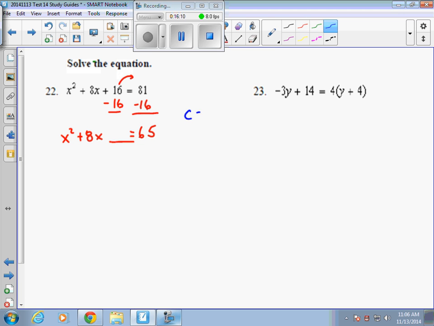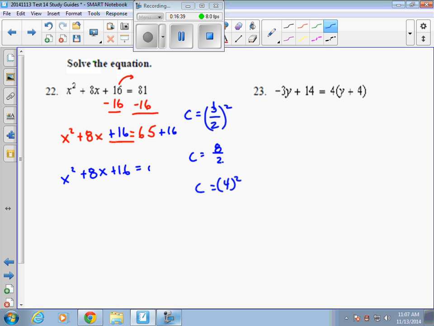In order to find c, you take b divided by 2 and square it. b's value is 8, so c equals 8 divided by 2, which is 4 squared, so c's new value is going to be plus 16. If you add 16 to the left, you have to add 16 to the right. So what we have now is x squared plus 8x plus 16 is equal to 81.